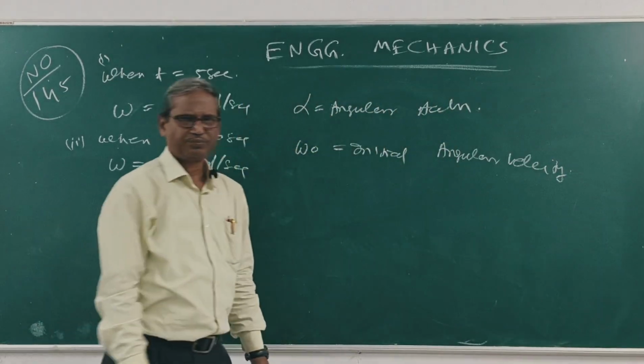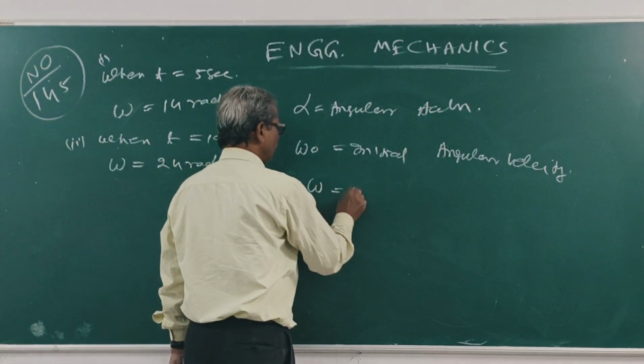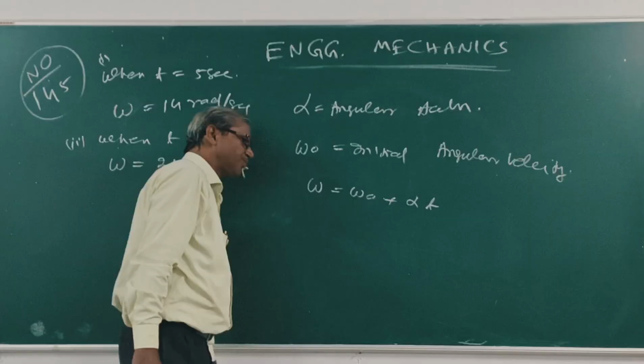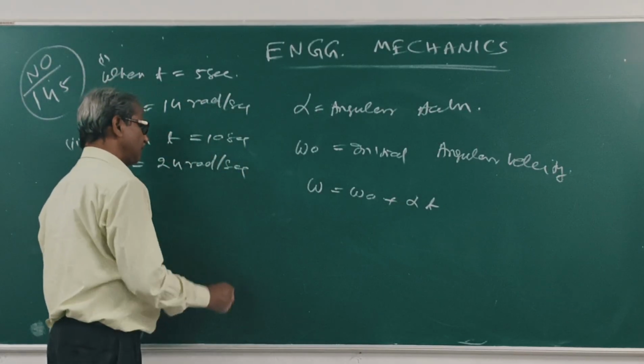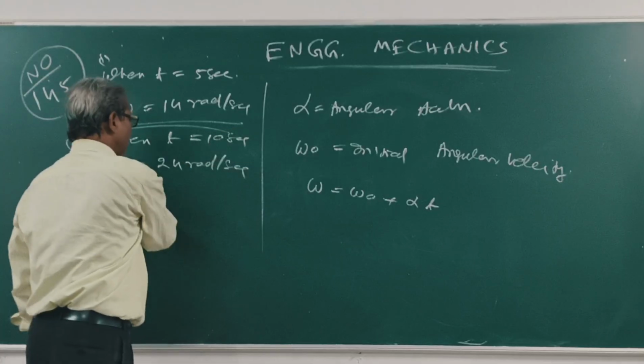Clear? Now, what is omega equal to? Omega 0 plus alpha t. This is case 1. This is case 2.